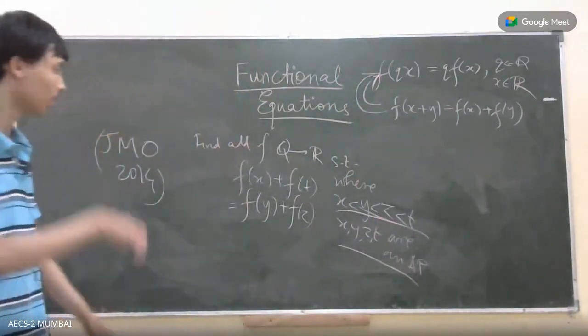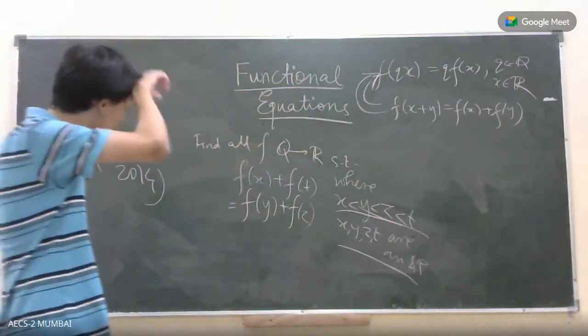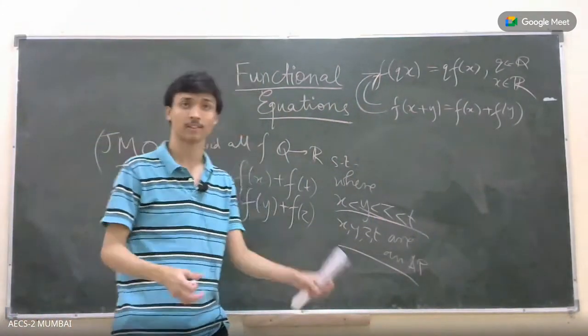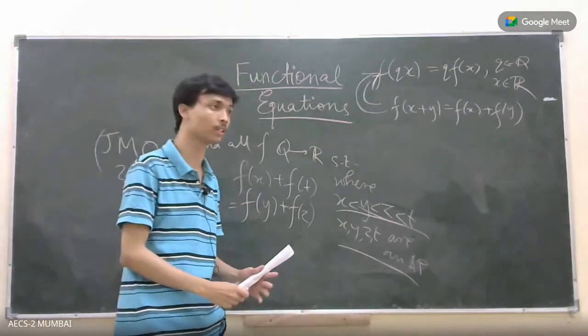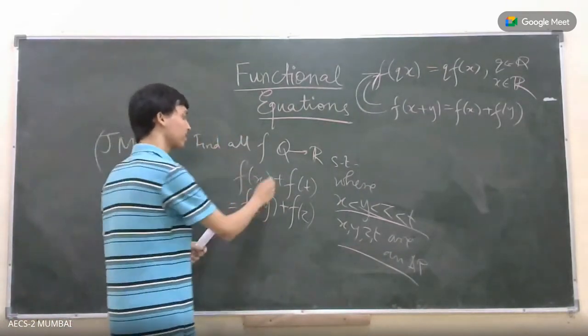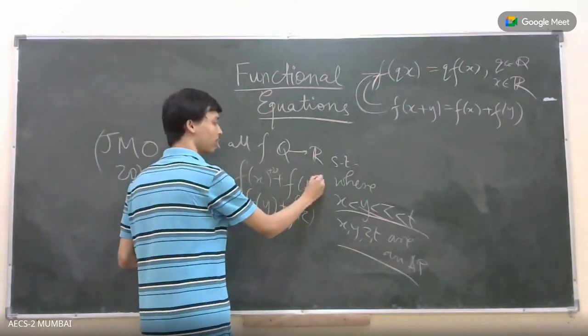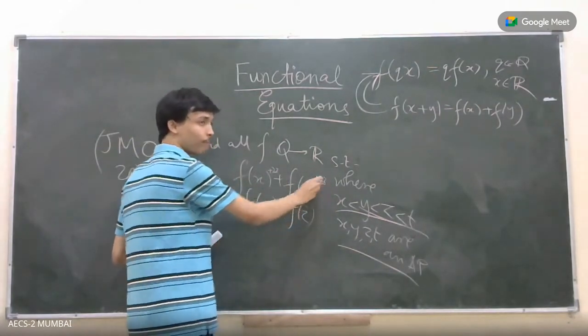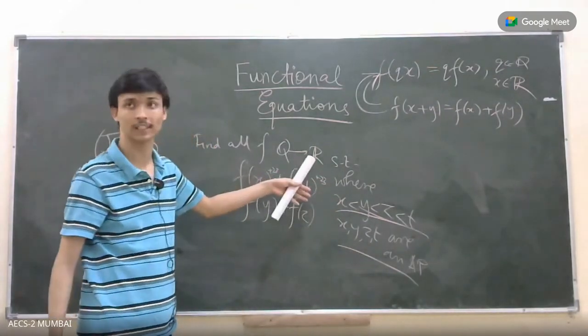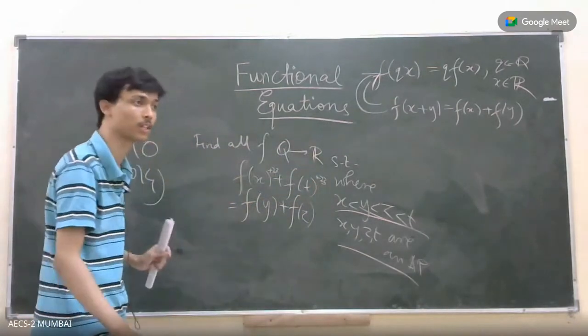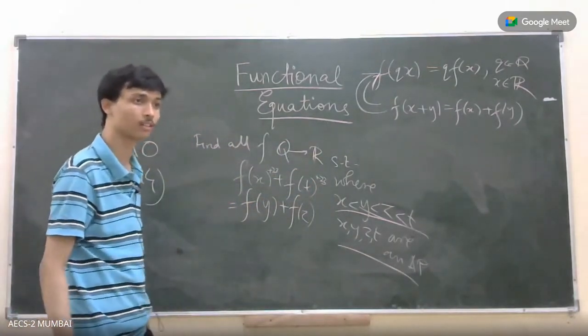Once again, similar to Jensen's equation, if I add 23 here and 23 here, basically what I'm saying is if f satisfies this, f plus 23 also satisfies this. Right?